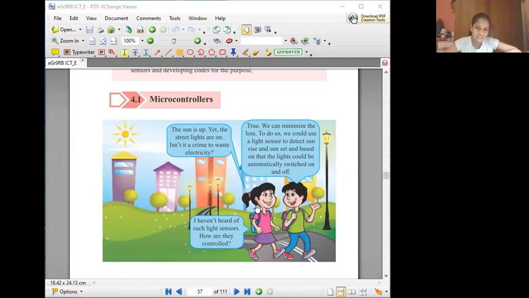Isn't it a crime to waste electricity? True, we can minimize the loss. To do so, we could use a light sensor to detect sunrise and sunset, and based on the light the lamps could be automatically switched on and off. I haven't heard of such light sensors. How are they controlled?